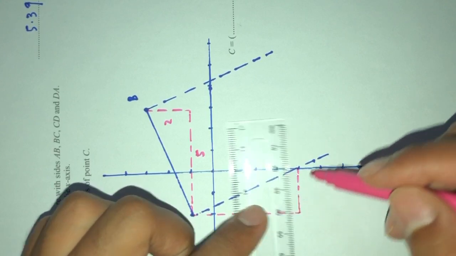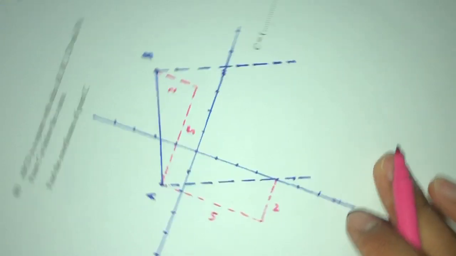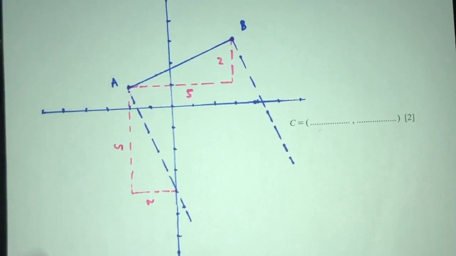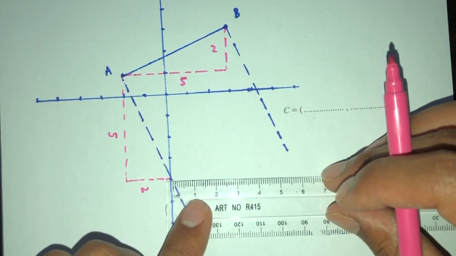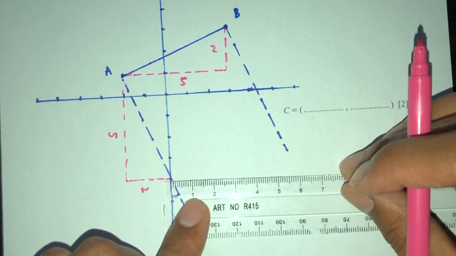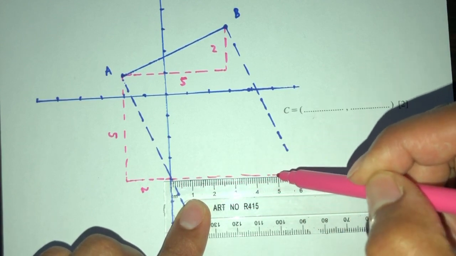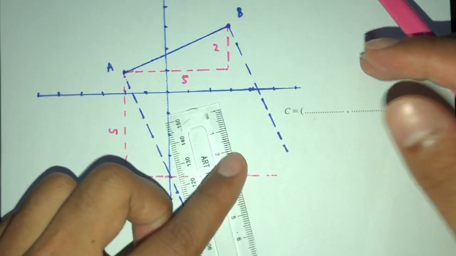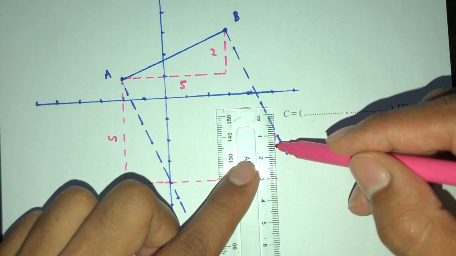So 5 and 2. The same way for this one as well. If you place it this way, you'll also move 5 and 2. So 5, 1, 2, 3, 4, 5 right here, and 2, should be somewhere over here.